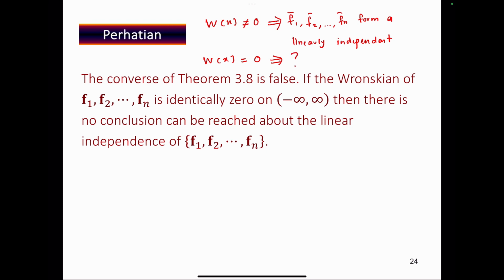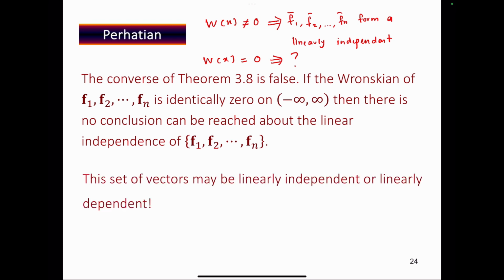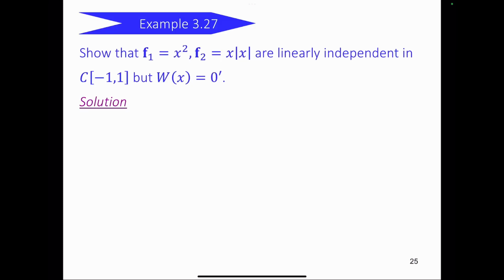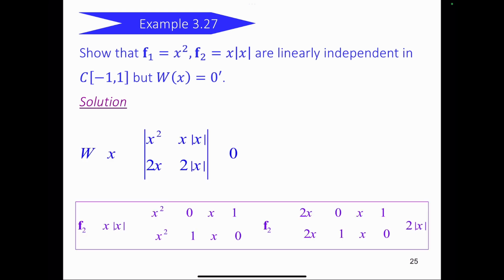Why? Because there is a counterexample where the Wronskian is 0, however, the vectors form a set which is linearly independent, not necessarily dependent. So this is the example. You may see the Wronskian is 0, but the vectors form a set which is linearly independent. Okay, so that's the end of this section. Thank you.